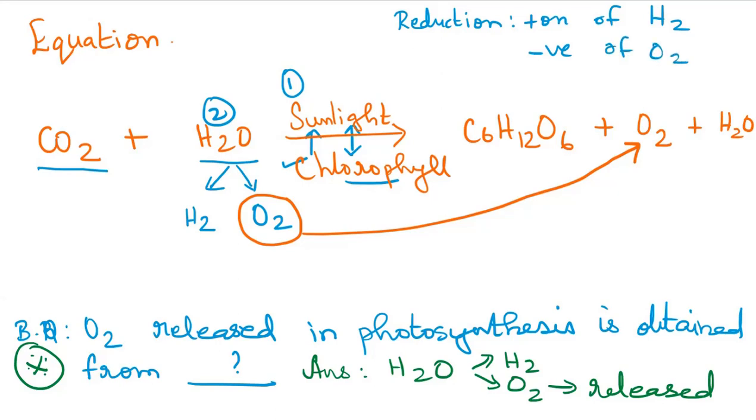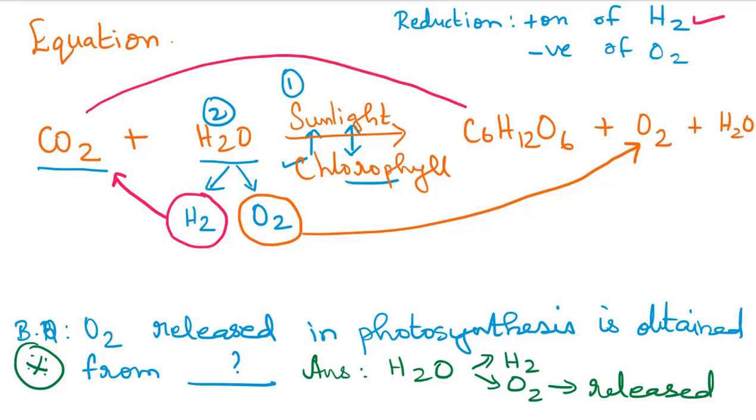In this case, we will consider the addition of hydrogen atoms, because the hydrogen given out in the second event through photolysis is going to be utilized by the carbon dioxide. This hydrogen will help to reduce this carbon dioxide so that it synthesizes your food, which we call glucose.